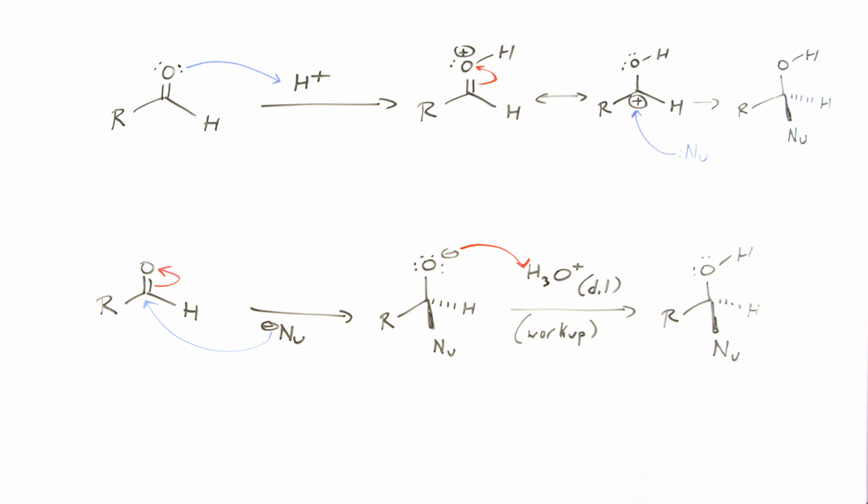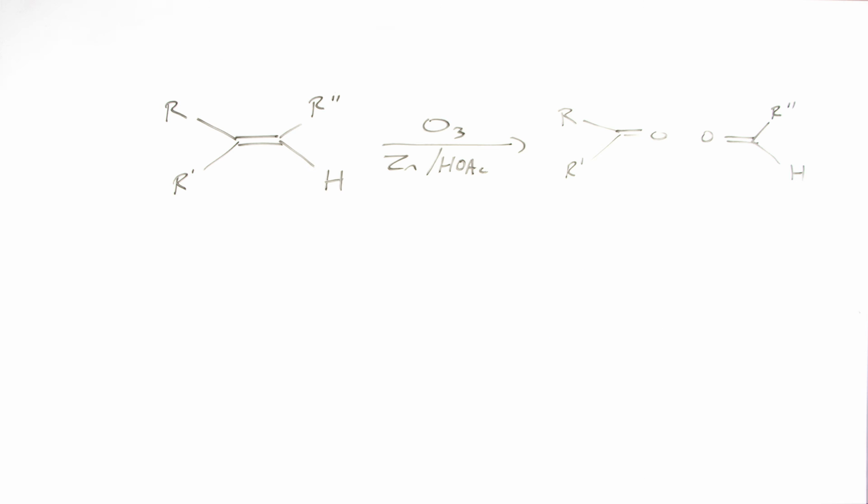All right, so now we go old school for a few minutes. Ways of making carbonyls that we already know. This is the cue for audience participation. Ozonolysis of what?